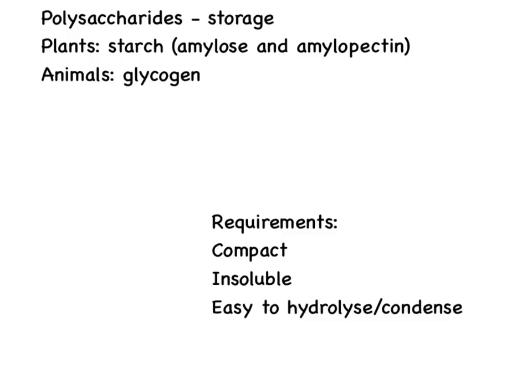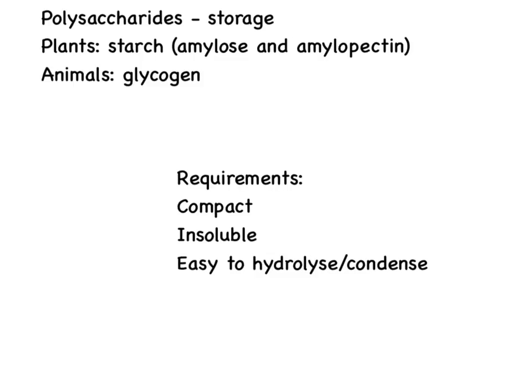Starch itself is made up of 2 molecules called amylose and amylopectin. Now, regardless of whether it's in a plant or in an animal, all storage compounds have the same requirements. They have to be compact so that you can fit a lot of glucose units into a small space.